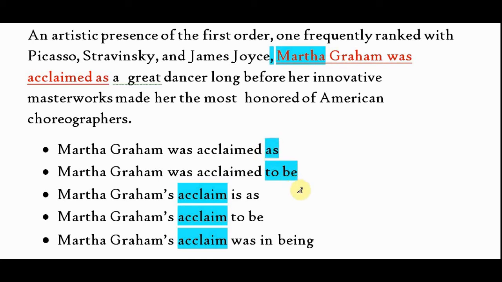Whenever we use to plus be or to plus any verb, it points to the future. And here the intention is not that Martha will become, but that Martha is equal to these people, and that's why it should be as. So option B out, A becomes the best option.